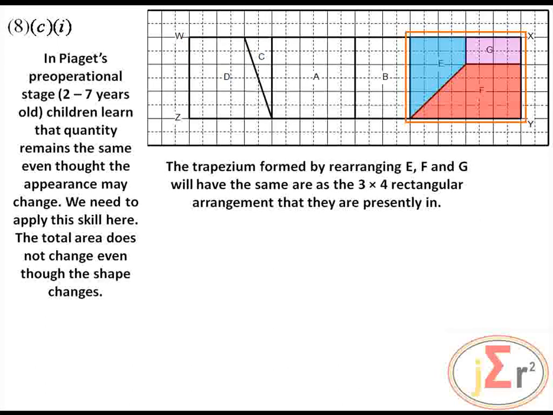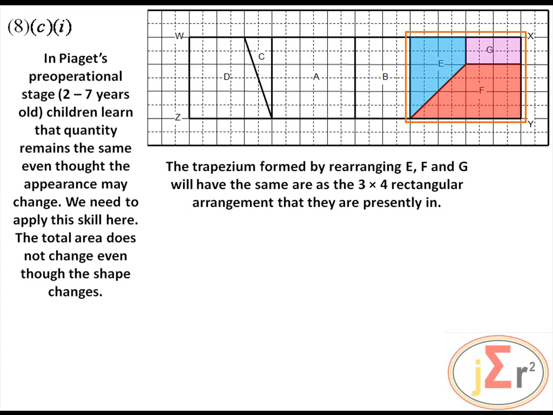The total area does not change even though the shape changes. So we are going to convert this to a trapezium, but the area is going to remain the same. So we may use the same area that we have here, the area of a 3 by 4 rectangle, in finding the area of the resulting trapezium, because they are going to be the same.